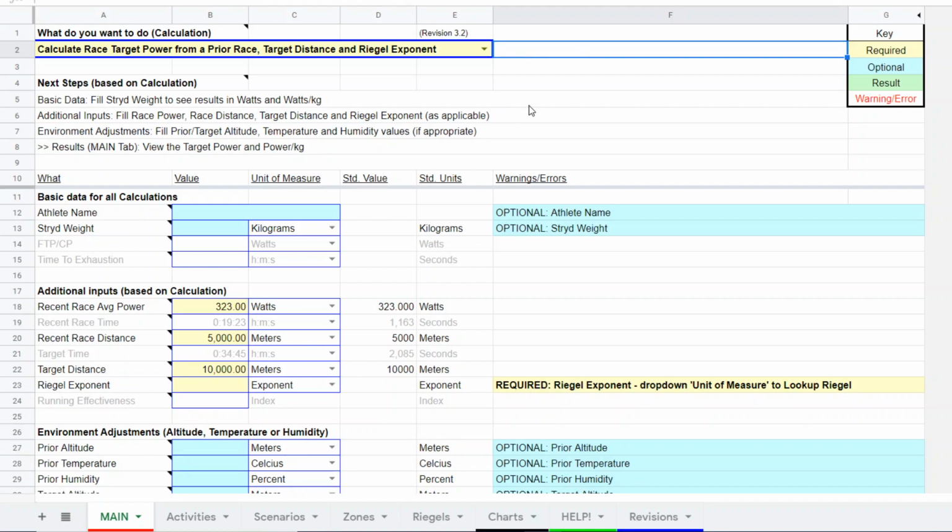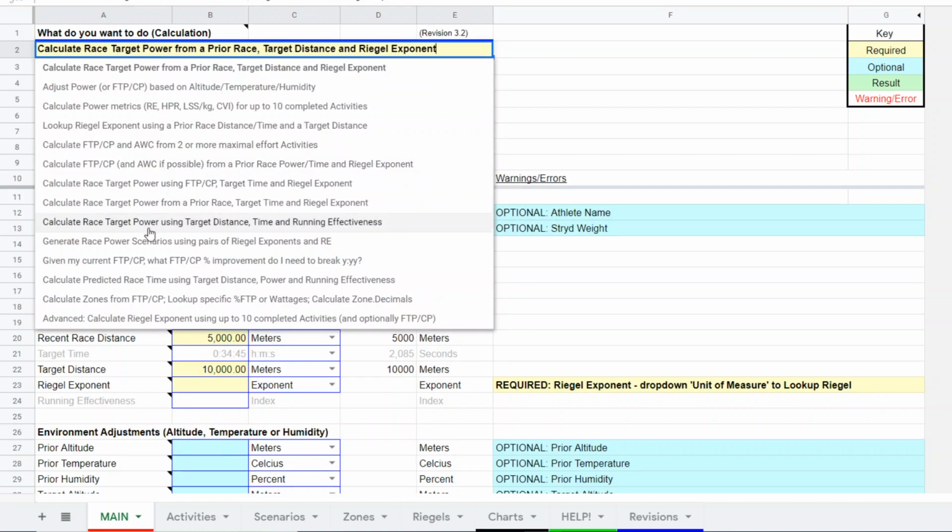These are a couple of good ways. I'm going to give you two different methods today. If you go to the drop-down box, there are two methods where you can calculate race target power from a prior race, your target time, in other words your estimated time for a new race, because it's power duration, so you need the estimated time, and a Riegel exponent. That's one method.